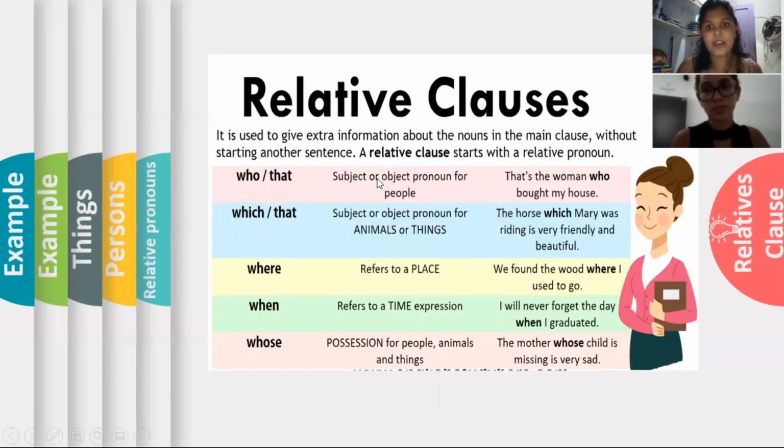For example, the woman who broke my house. We use which or that as subject or object pronouns for animals or things. For example, the house which Mary was in is very friendly and beautiful.